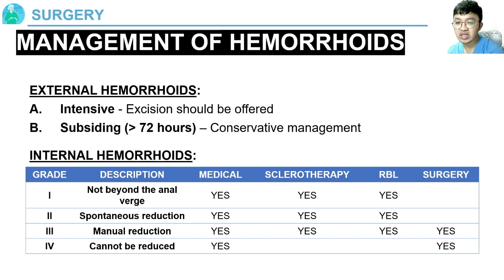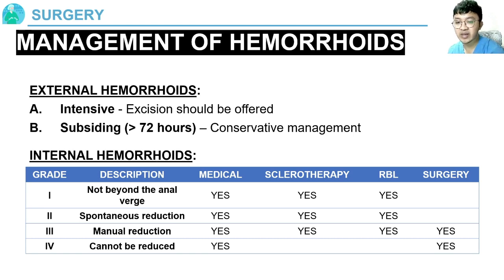Take note that sclerotherapy and RBL are only used for your internal hemorrhoids. No matter how small the external hemorrhoids are, or how benign it looks, or how the case will actually try to push you to answer office-based procedure for external hemorrhoids, you do not answer banding or sclerotherapy for external hemorrhoids.